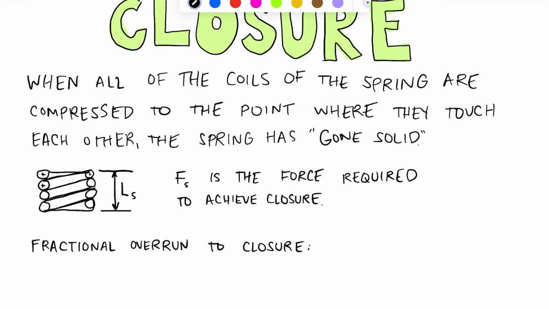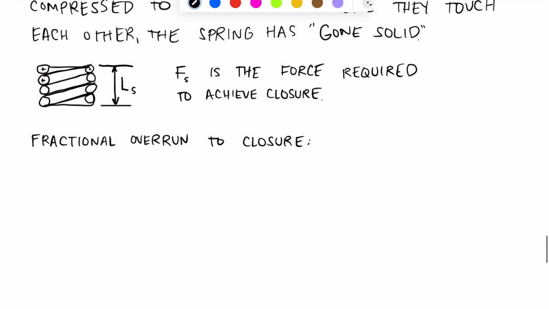But if the coils all touch each other, the spring goes solid, now we can't achieve that same amount of deformation. And so if we were expecting to absorb energy by having lots of deformation, then our analysis is thrown out the window.